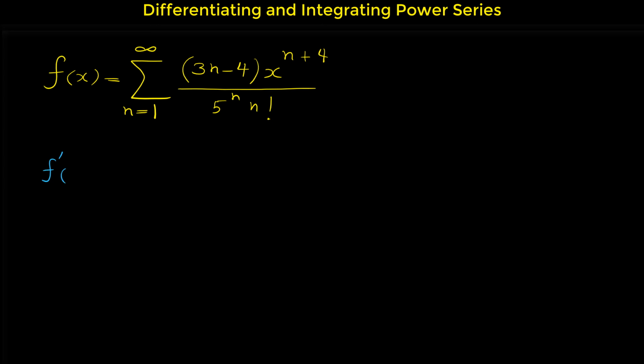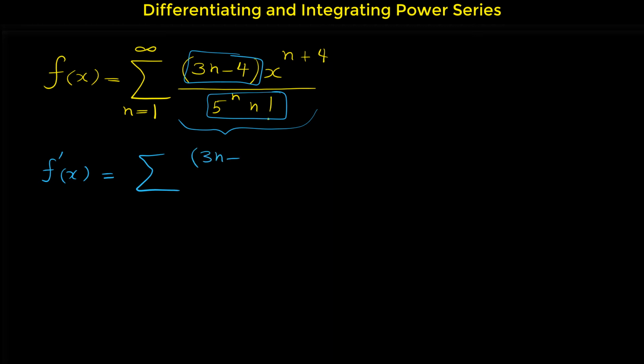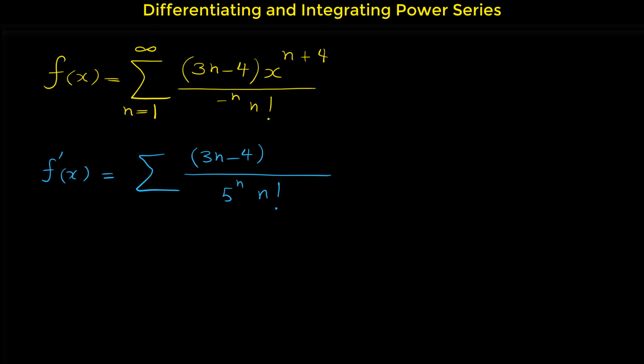f prime of x is the sum. Note that when we want to differentiate this expression, 3n minus 4 and all of the denominator are constants. So we write these parts and we just take the derivative of x to the n plus 4.